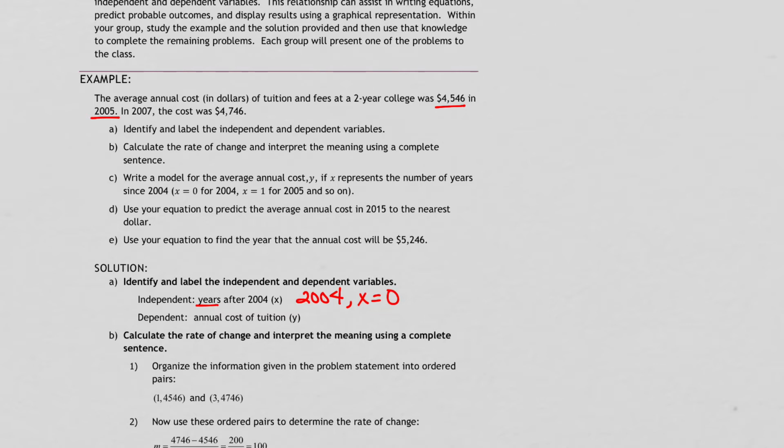And it says years after 2004. So 2005 would be x equals 1, and 2007 would then be x is 3.